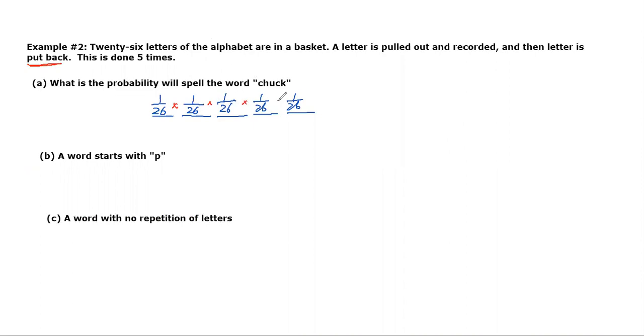You multiply it together, because it's the multiplication rule. So in total you have 26 to the 5th power. All right, now let's take a look at the second part, part B.